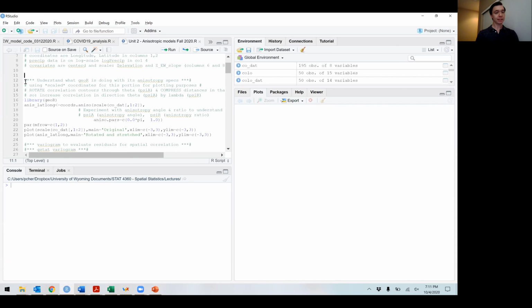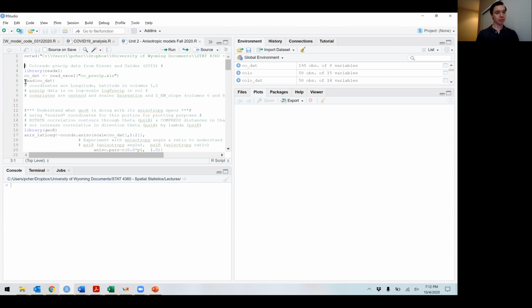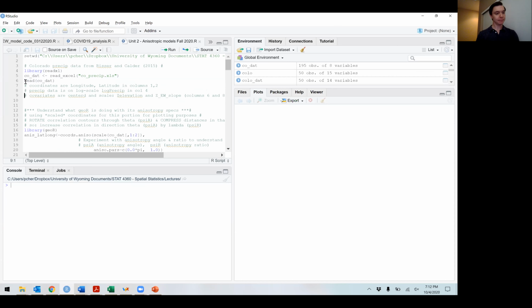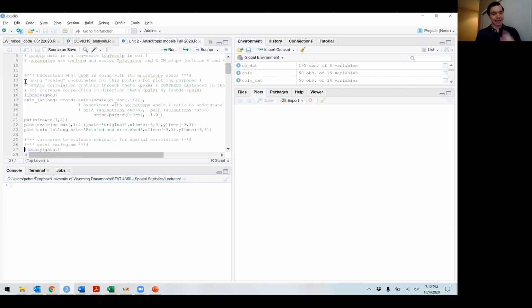So first things first, I'm going to get my data, and I've uploaded these data online. The first thing we're going to do is experiment with the two anisotropy parameters, the anisotropy angle, counterclockwise rotation, and the anisotropy ratio.